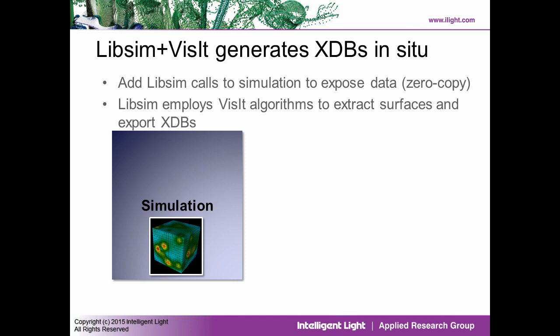You start out, your simulation hasn't been modified yet. The first thing you need to do is link it with the LibSim front-end library. That's a small static library that you can link, and it doesn't add any overhead really to your simulation, nor does it increase the size of your executable.